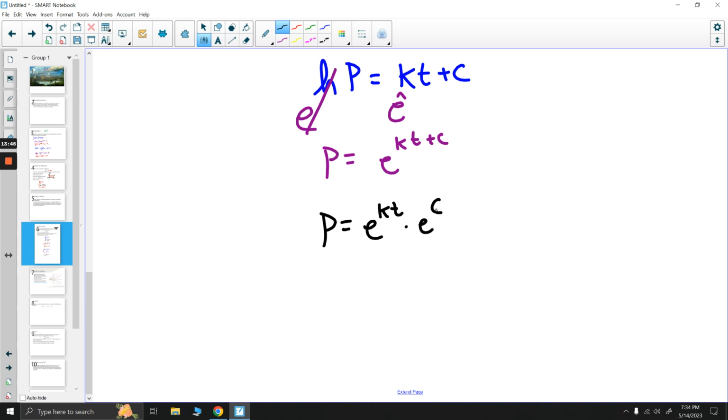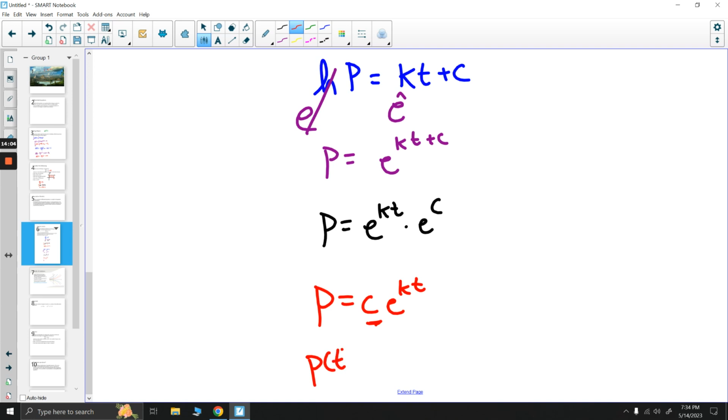Now, e to the C, a constant to another constant, is itself just a constant. And so what we end up with is P equals C e to the kt, where C here is the initial amount.